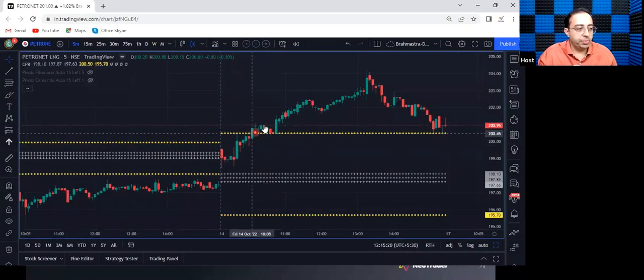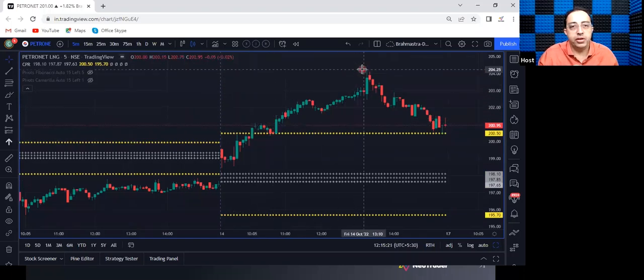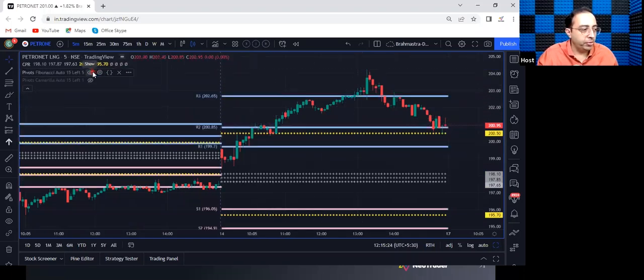The moment it crosses the previous day's high, you can see the movement. Now, if I put Fibonacci levels, you can see here that it goes up till R3. So here you can go in for an in the money call. So the moment it crosses R1 and then it crosses your previous day's high, you will go in for an in the money option trade.